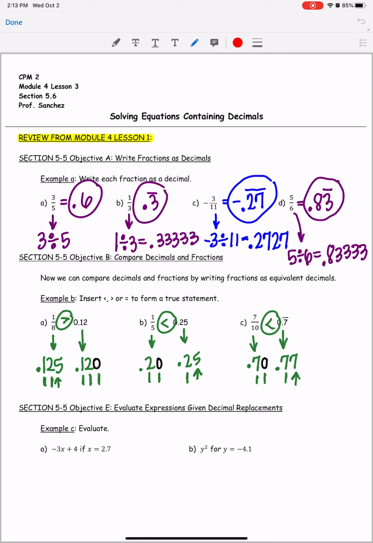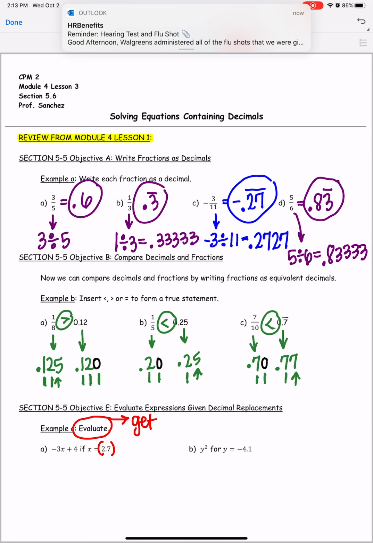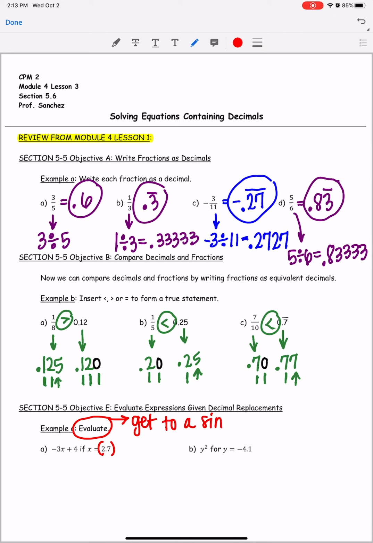And then our last one is evaluate. Again, this is a review from your first lesson. Evaluate just means plug this in. And when we plug this in, we need to plug this in with parentheses. But we're going to keep going until we get to a single number answer.